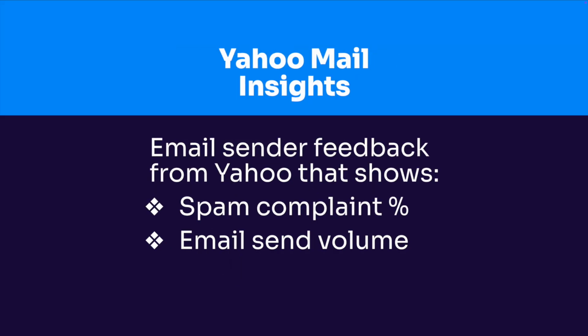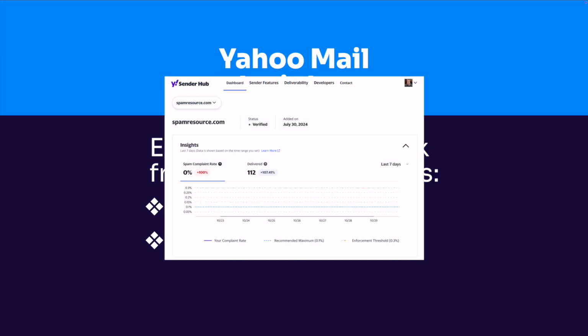And this leads me to Yahoo Sender Hub and Insights. Insights tells you two very important things: your spam complaint rate and your inbox delivered email volume, all based on DKIM authenticated email messages for your domains that you've registered with Yahoo Mail. If you're not an email marketer, you might think the spam complaint rate won't give you very much information.